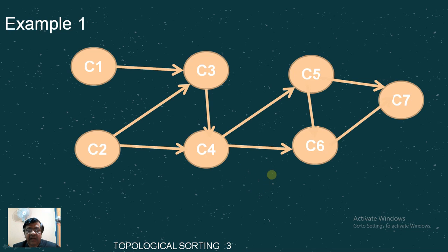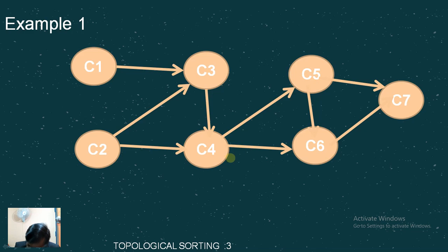C1 is to be visited first, and C1 will go to the stack. Then C3 is to be visited, then C4.